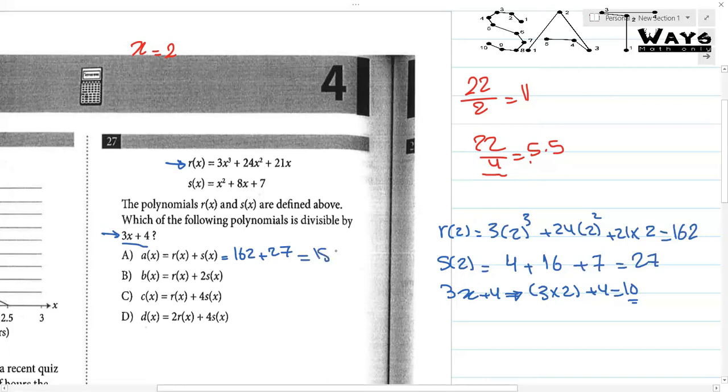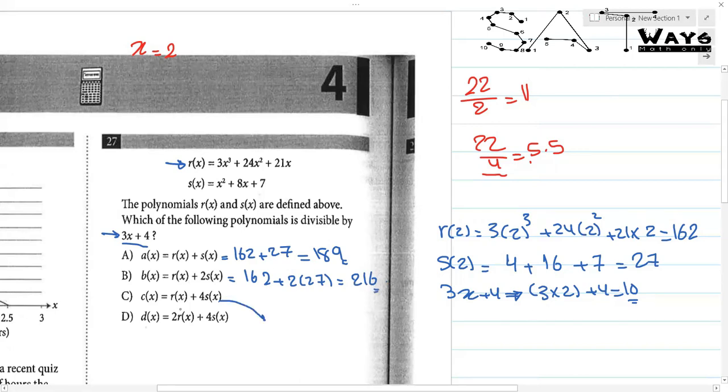So it's not divisible because the last digit is not 0. And here, R of x plus 2 multiplied by S of x, which is 162 plus 2 multiplied by 27, gives 216. The last digit is not 0, so it's not divisible by 10.